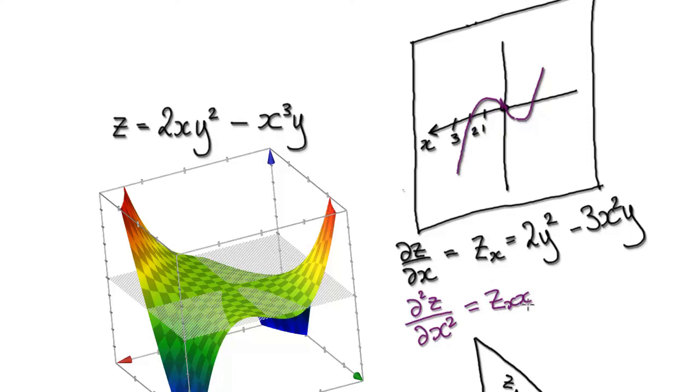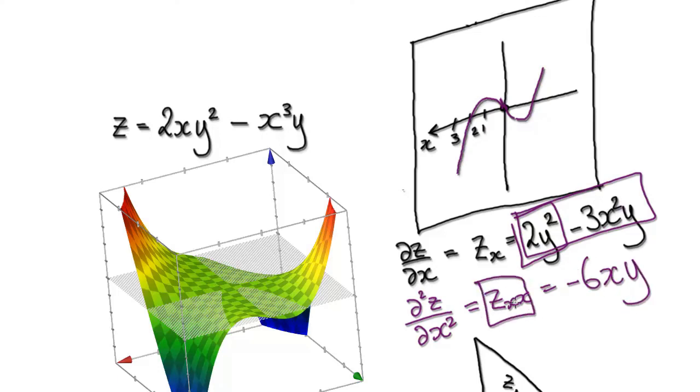So it would be xx. When you differentiate this again with respect to x, this whole thing here is a constant, so it would be 0, and then differentiating the other term with respect to x will give you negative 6xy. So the second partial derivative will be given by this.